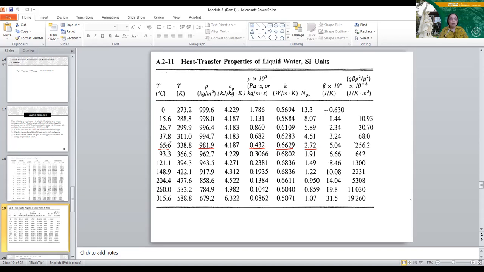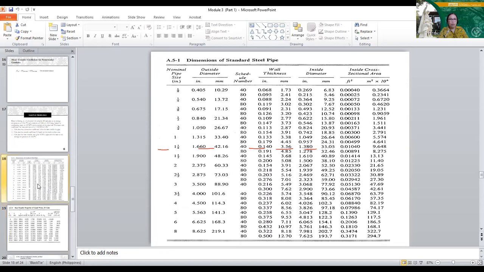Now on this particular table here, you'll be getting the size of the pipe based on the inside and the outside diameter using its nominal size, which is 1 inch, and schedule number, which is 40.